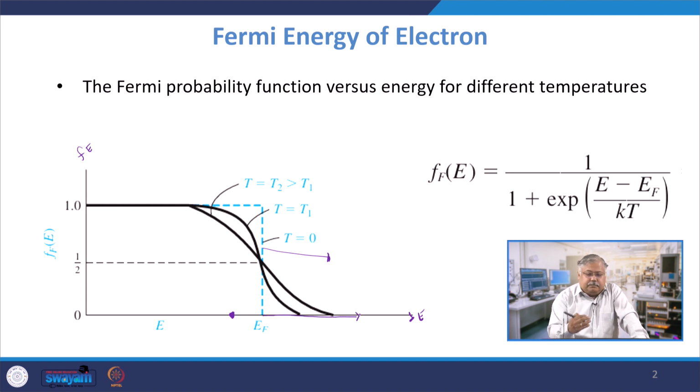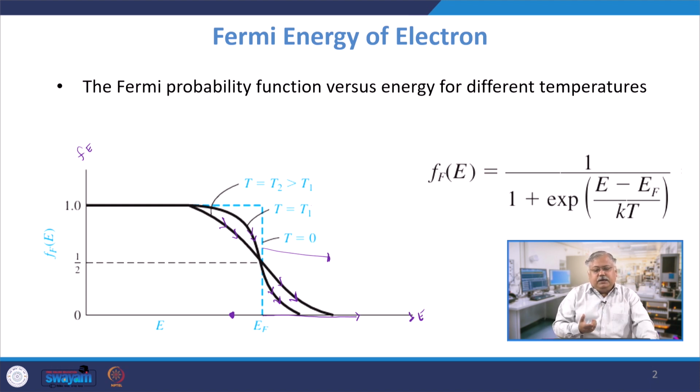Now let us increase the temperature to a higher value. So T equals T1 and then T2 and so on. This is the curve for T equals T1, and this is for T equals T2. As you can see, as the temperature increases, let us go step by step. As the temperature increases, more and more electrons will move from a lower energy state to a higher energy state.